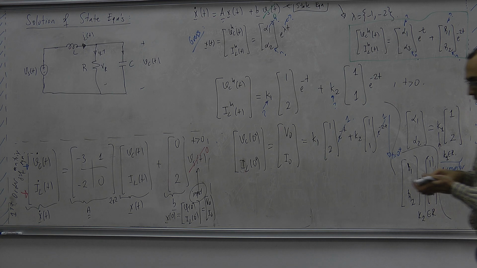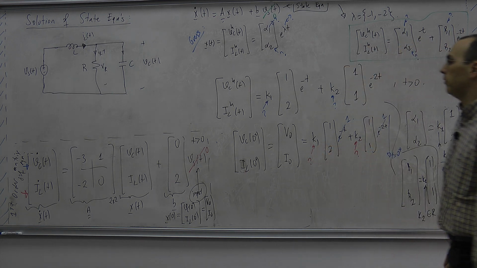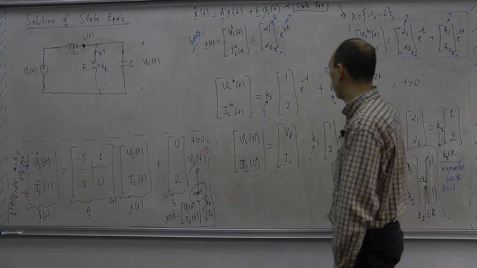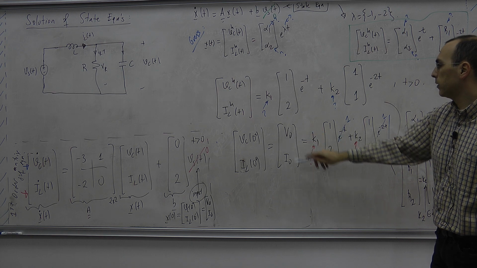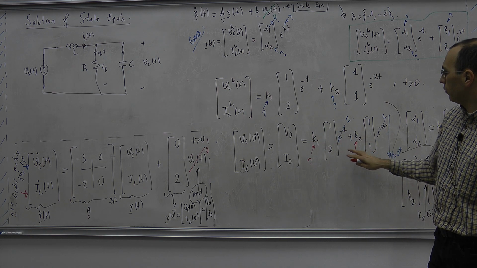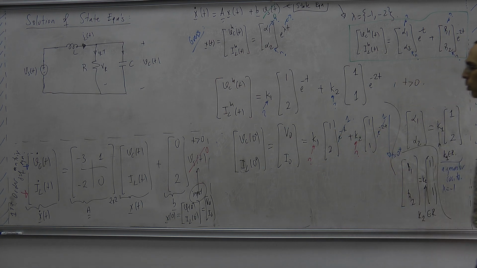So this is the thing that we are going to use to find k1 and k2. For example, the initial condition is 5 volts, 5 amperes. So the 5, 5 vector should be expressed as a linear combination of the 1, 2 vector and the 1, 1 vector, and these are the linear expansion coefficients.